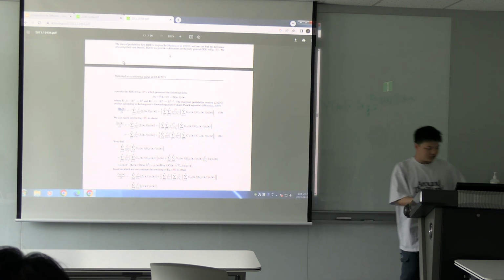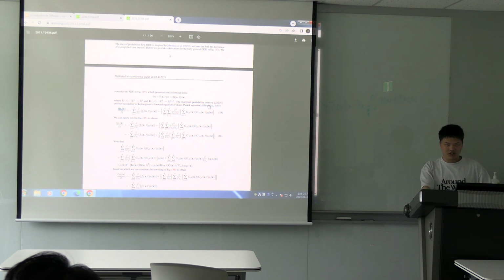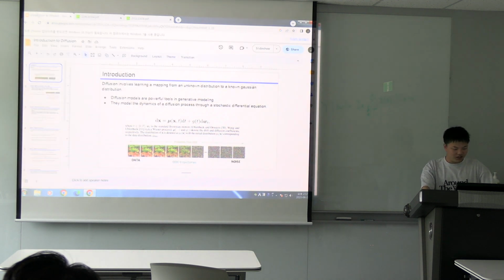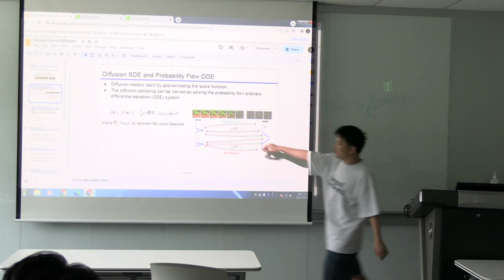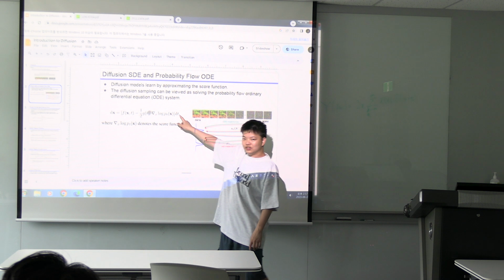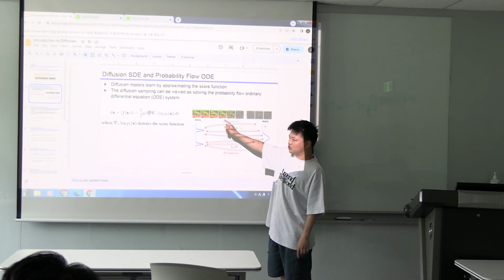So this is to prove that the ODE is equivalent, but this is the PDE describing the marginal distribution. The ODE is described like this. This is the ODE, with respect to only one variable, dx over dt. So this is the ODE that we use to solve.